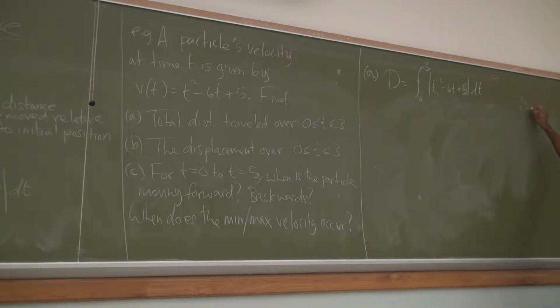Set equal to 0, and try to find the times, right? What are the times here? Try to factor. 5 and 1 must be minus and minus, right? So we know t equals 1 or t equals 5.